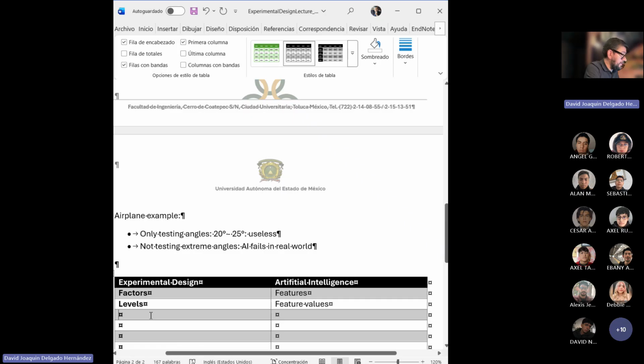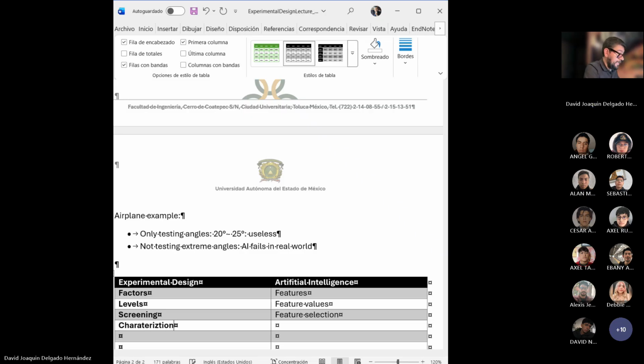Here in experimental design, we are talking about the screening, and here in artificial intelligence, we are talking about feature selection. Then we move to characterization, and here we have to put model learning.